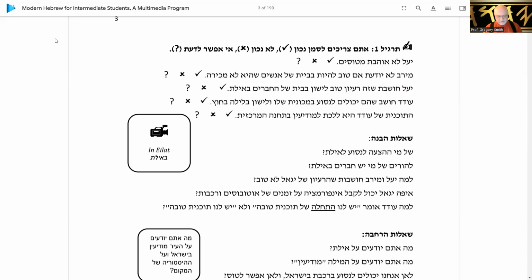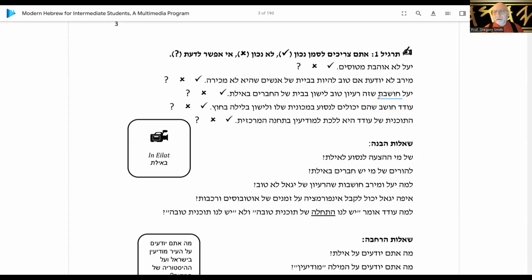Let me put in Yael here, just to make sure. Yeah, Hoshevet. It's thinking. Let me get my annotate going here. So Hoshevet basically means Yael thinks, Shazay, that this.